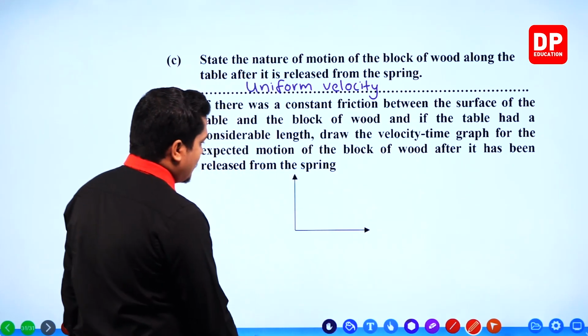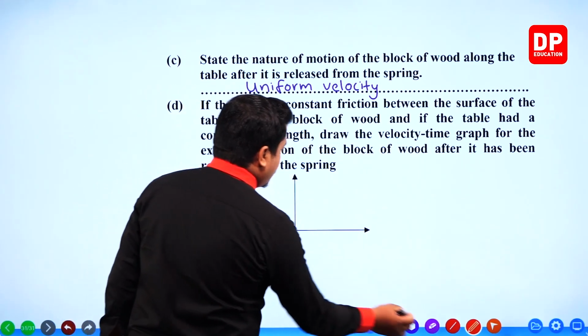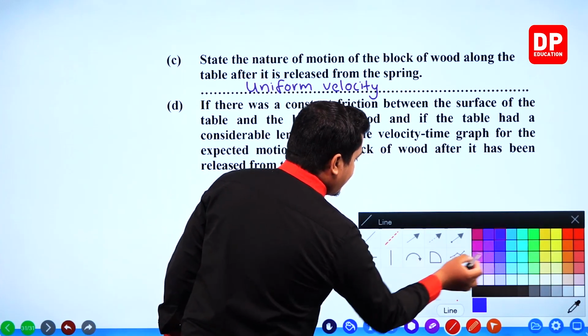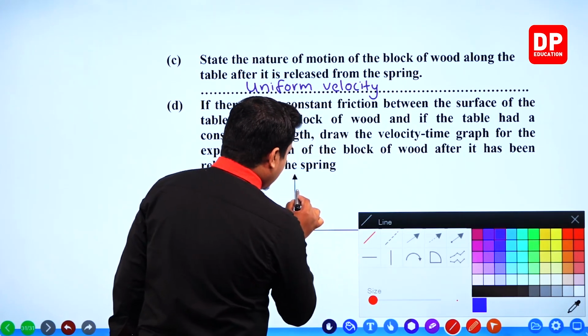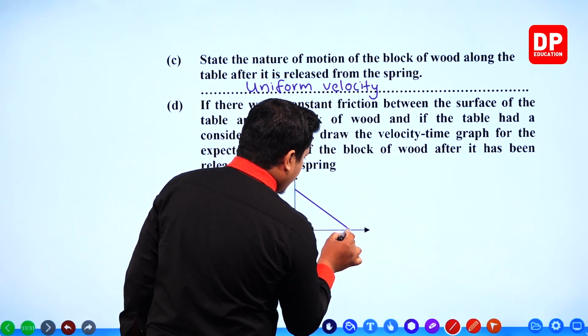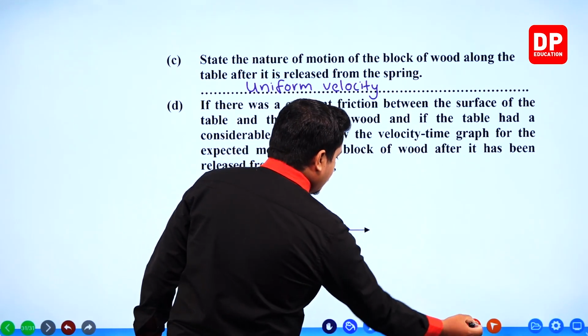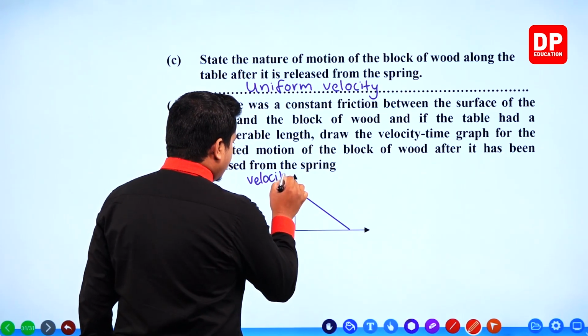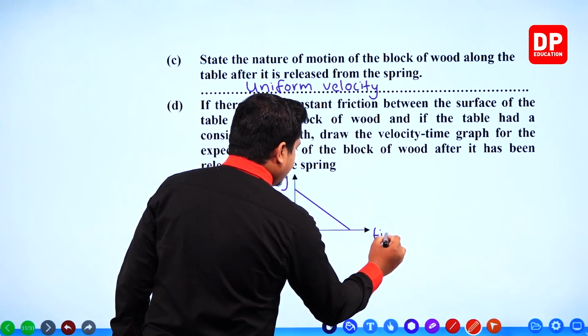So if the velocity is getting reduced, we can draw the line like this. Without any trouble, now we can name the axis as velocity. This is the time.